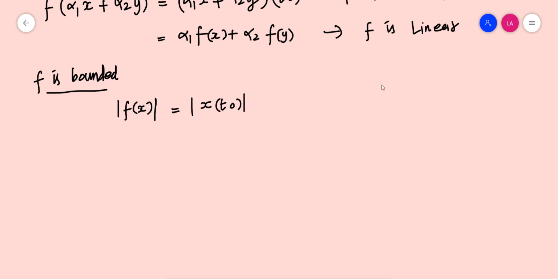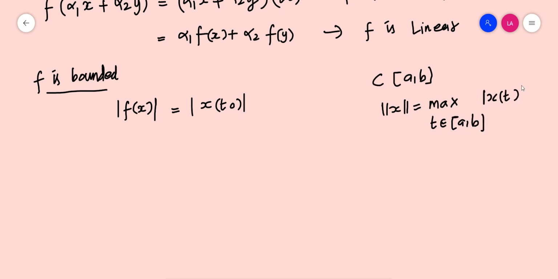And we know that in C[a,b], norm x is equal to the maximum over t in the closed interval [a, b] of modulus of x of t.